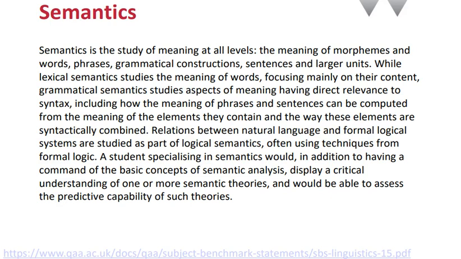Bachelor tends to have positive connotations, tends, I say tends, and spinster tends to have negative connotations. So we will look at this. We will look at lexical semantics. And a student who specialises in semantics will understand these basic concepts of analysis, but also be able to critique semantic theories.